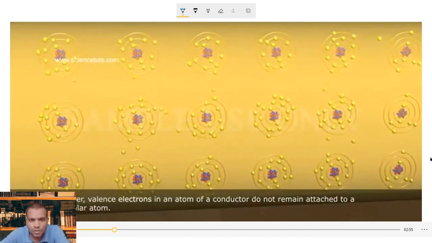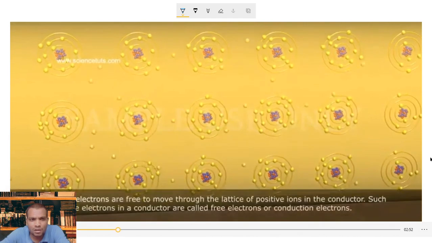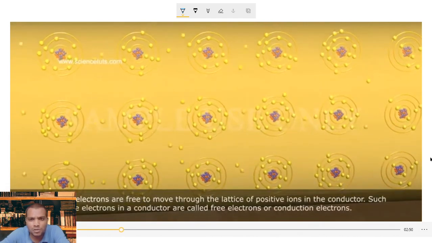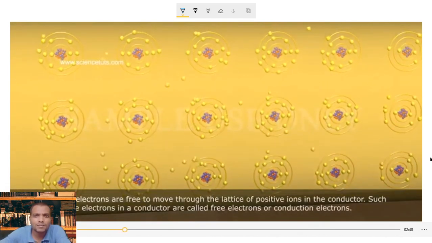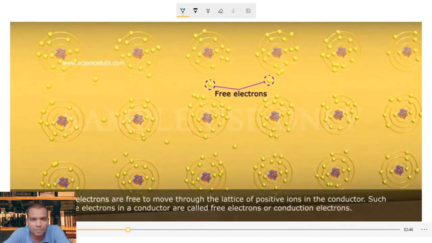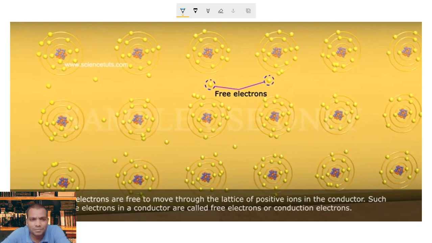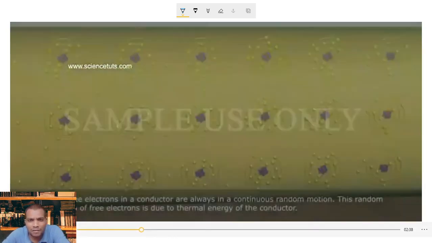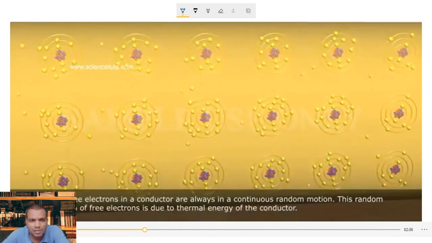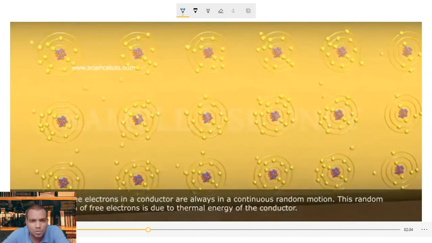If you closely watch, the free electrons are moving because of thermal motion, temperature, and they are moving very randomly. They will move throughout the lattice and collide with the positive ions, and that contributes to collisions.